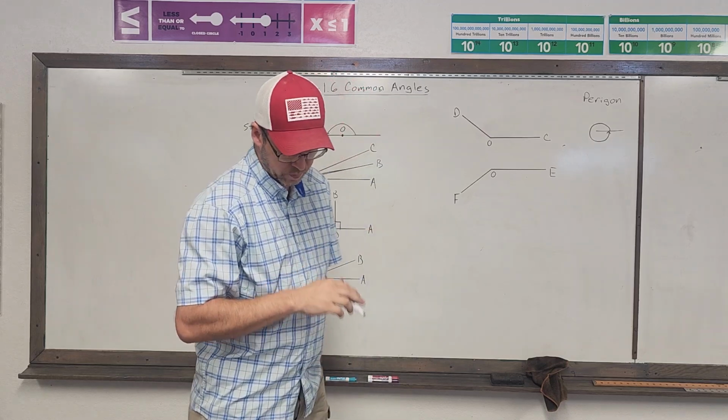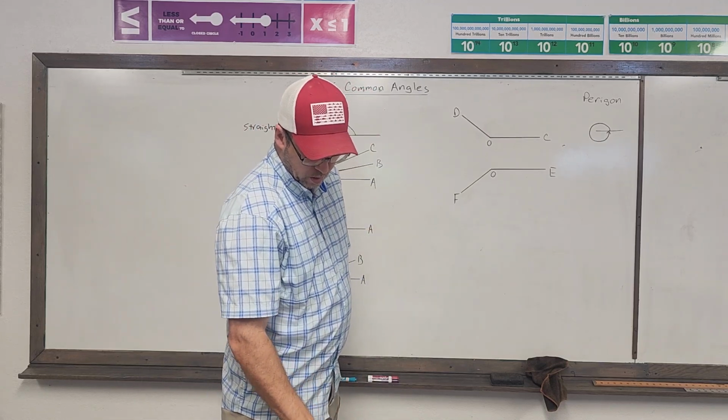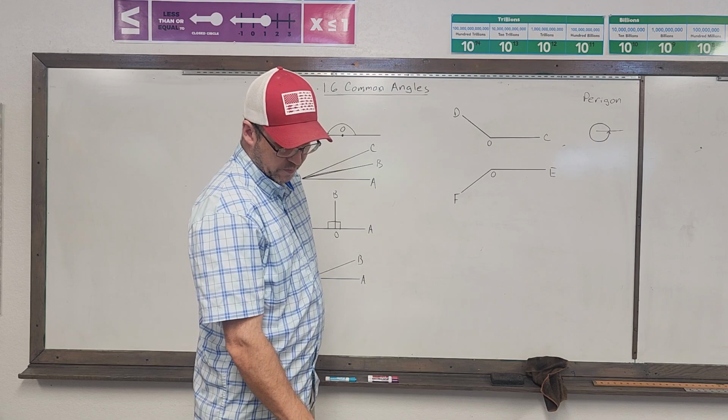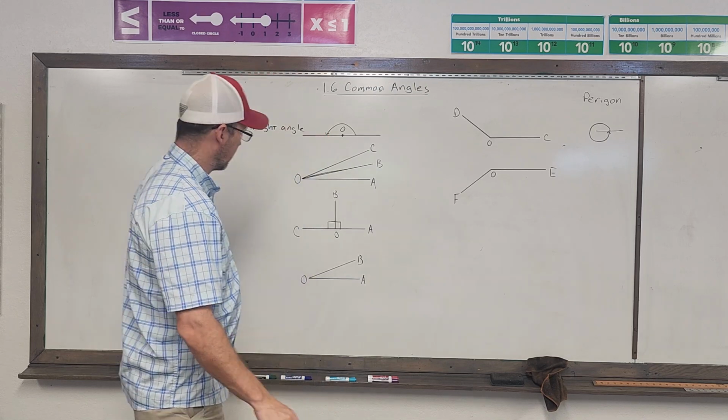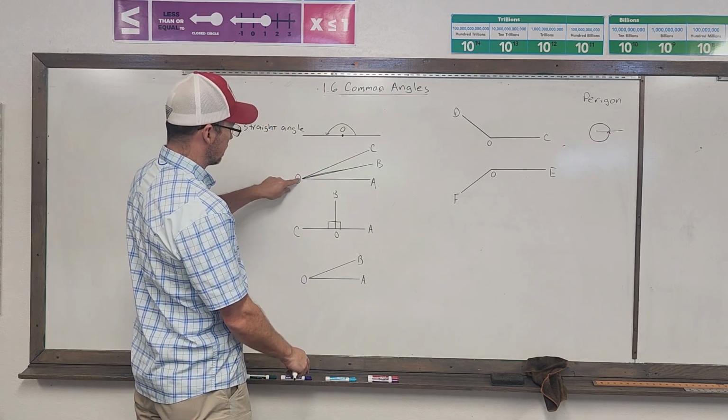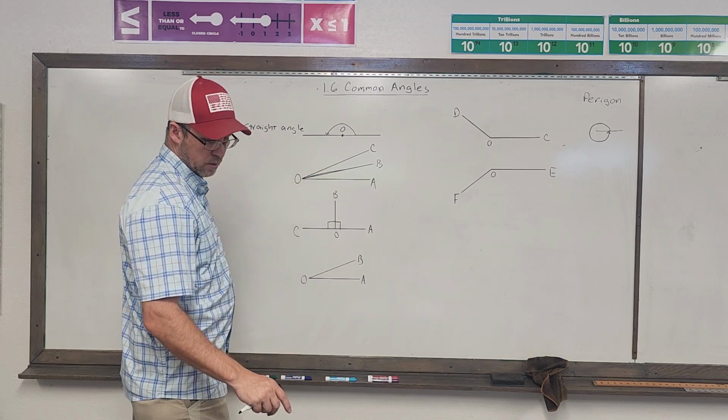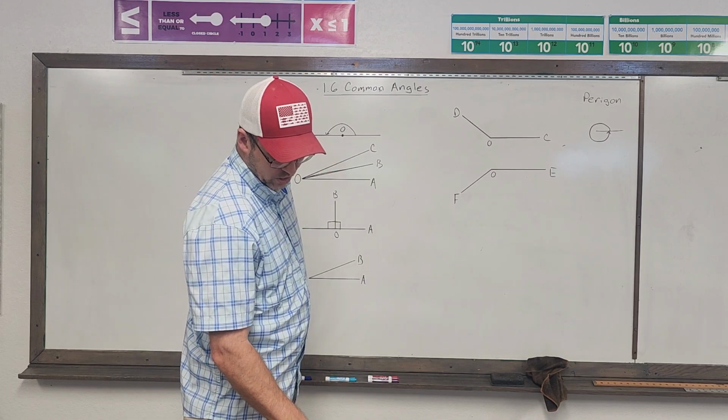Adjacent angles. When two angles have the same vertex and a common side between them. Same vertex and a common side. They're considered to be adjacent angles.